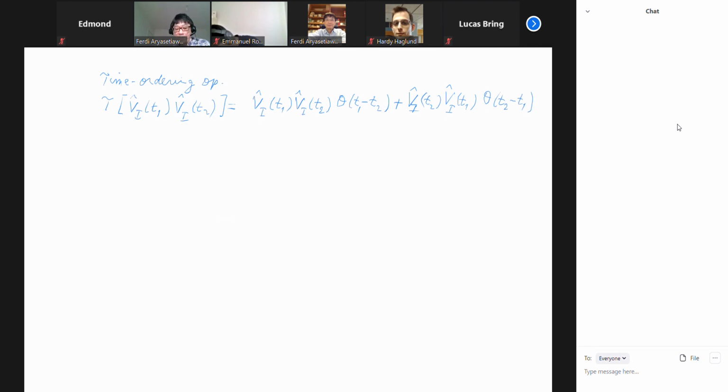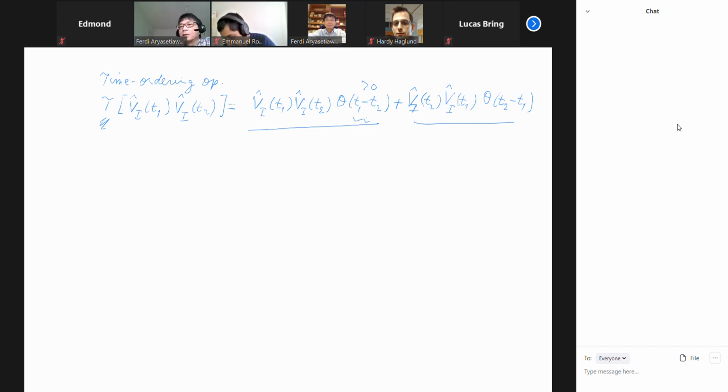So this operator T orders the time. Earlier time is put to the right and later time is put to the left. For example, in the first term, t1 is later than t2 because this has to be greater than 0. So the later time is put on the left and the earlier time on the right. You order the operators chronologically, and the same for the second term.